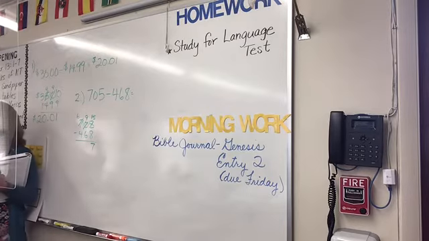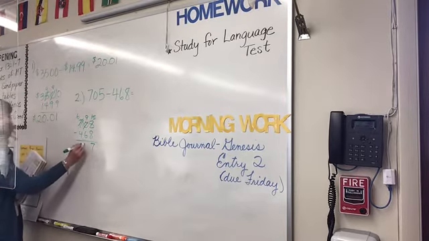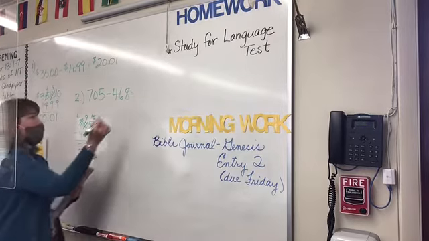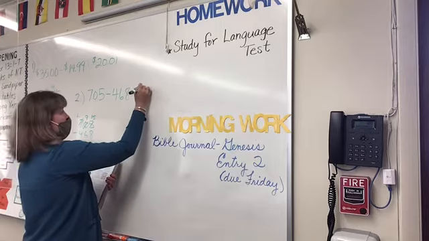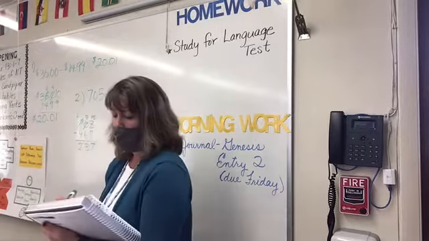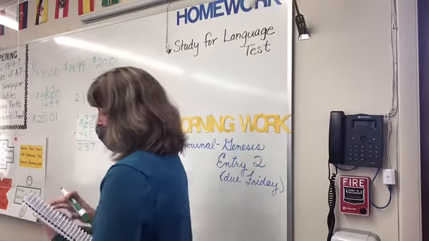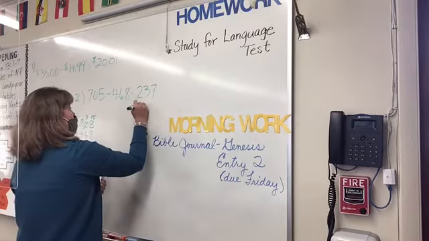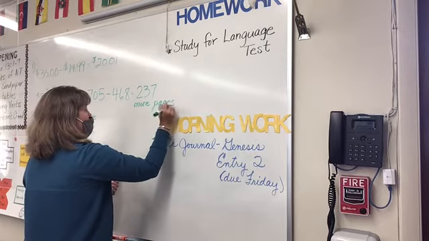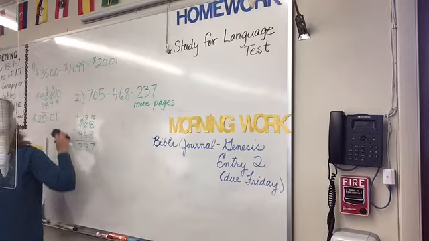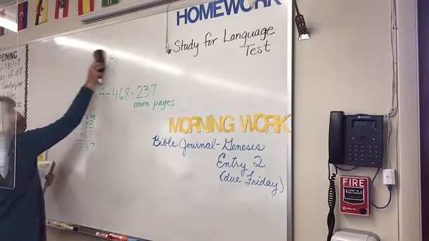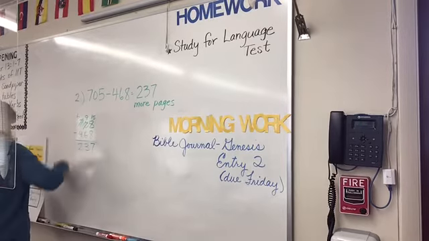What's 9 minus 6? 3. And what's 6 minus 4? 2. Now, in this case, we need to put a label because it's not money. So what would be our label? 237 more pages, right? So basically, you're taking the clue words, that's your label.